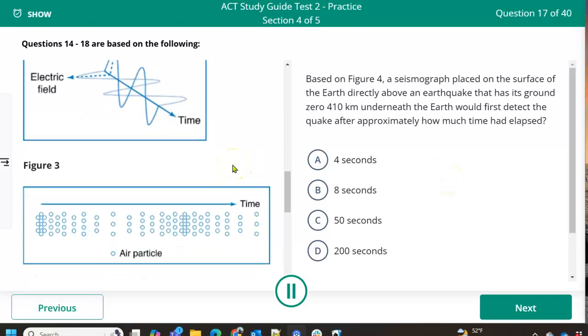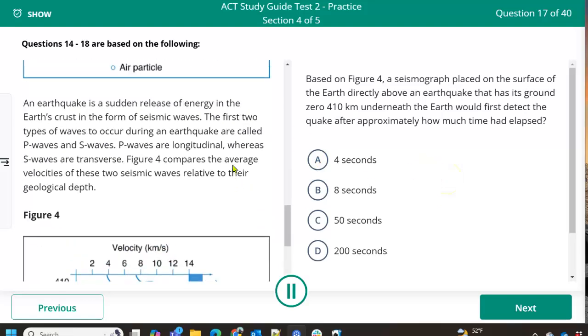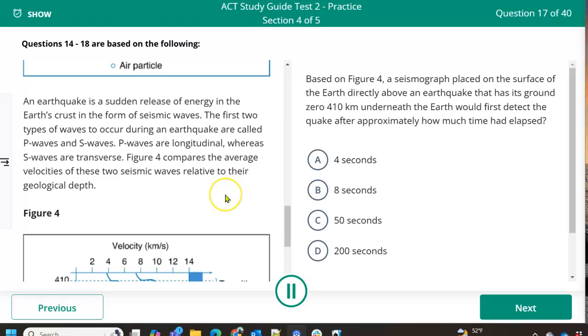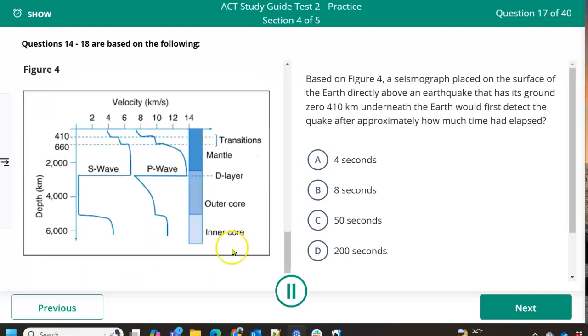Based on figure 4. Okay. A seismograph placed on the surface of the Earth directly above an earthquake that has its ground zero 410 kilometers underneath the Earth would first detect the quake after approximately how much time had elapsed?